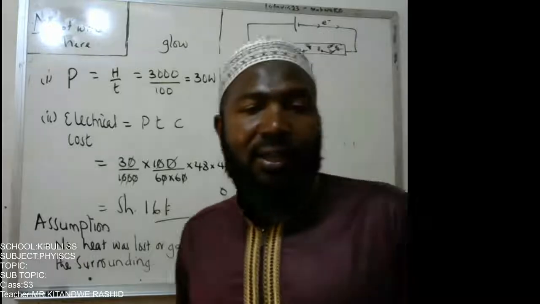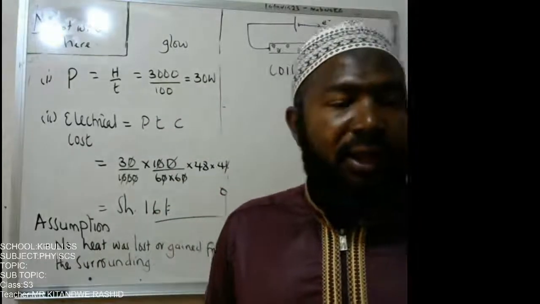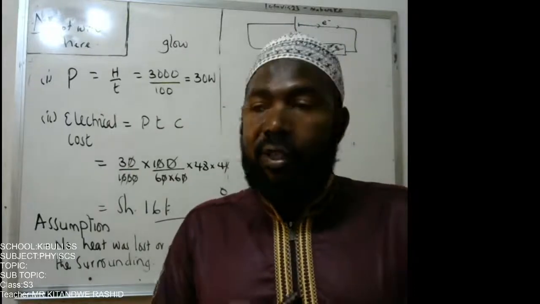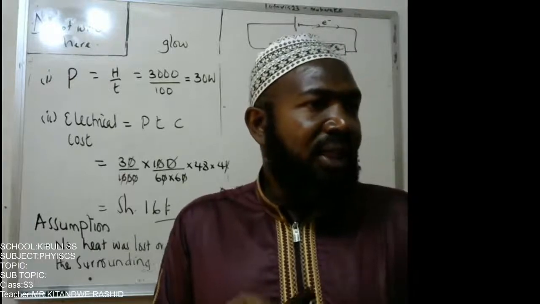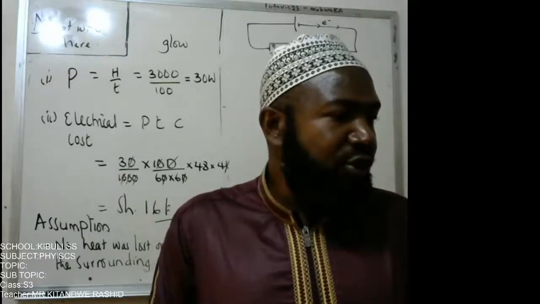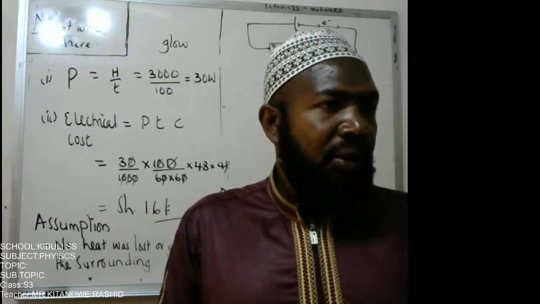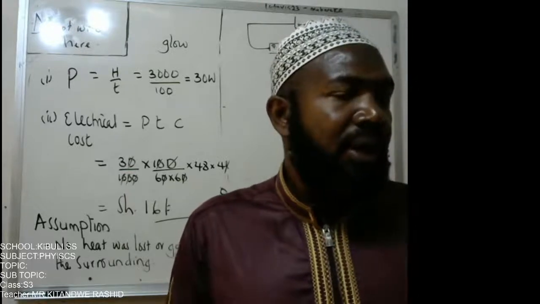So any live wire that is carrying current, the insulation may wear out, such that the live wire comes into contact with the neutral wire. So there we expect, when they come into contact, we may expect some electric shock.